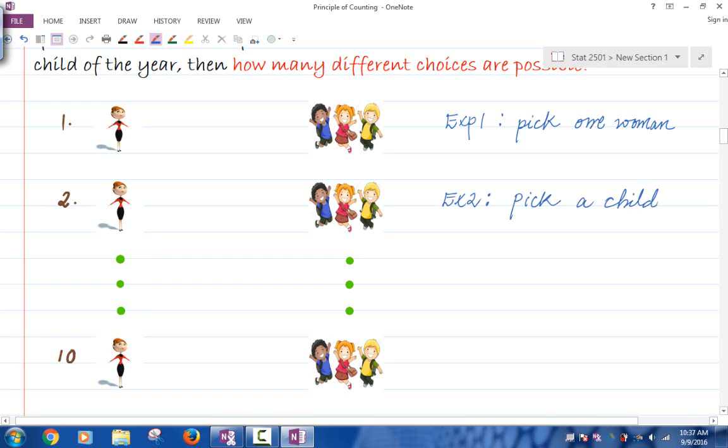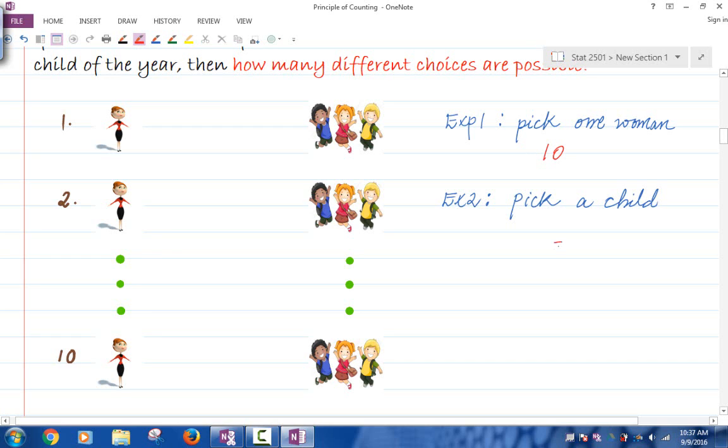So I can pick a woman how many ways? Well, there are 10 women, right? So there are 10 possible outcomes for experiment 1. Once I choose a woman, then I pick a child, and what's the number of outcomes of experiment 2?